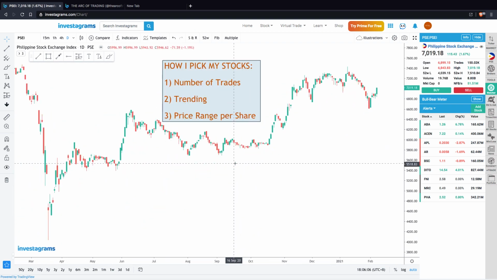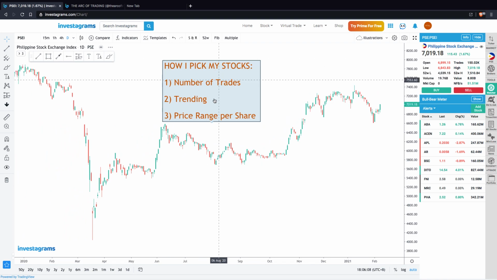So yes, I look for these 3 things, and I hope you guys got a glimpse of how I do things, and hopefully you could also bring it to your trading, and hopefully it makes it easier for you, especially number 3, because a lot of people ask me, how do I pick the stocks that I want to get into or that I should get into?